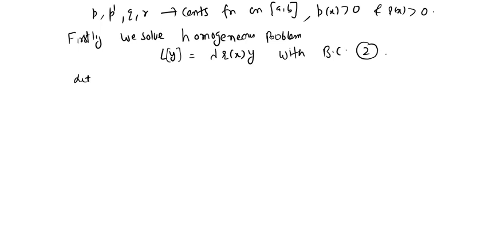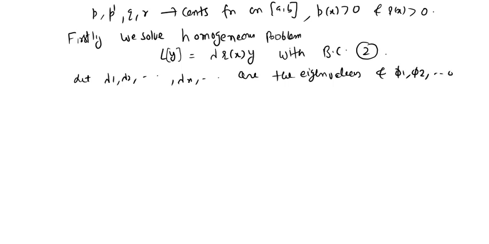Okay, so we solve this problem in the usual way, and let lambda 1, lambda 2, lambda n, etc. be the eigenvalues and phi 1, phi 2, phi n, etc. be the corresponding eigenfunctions.